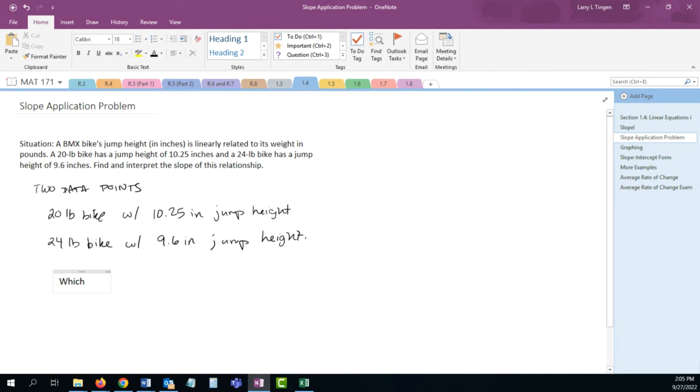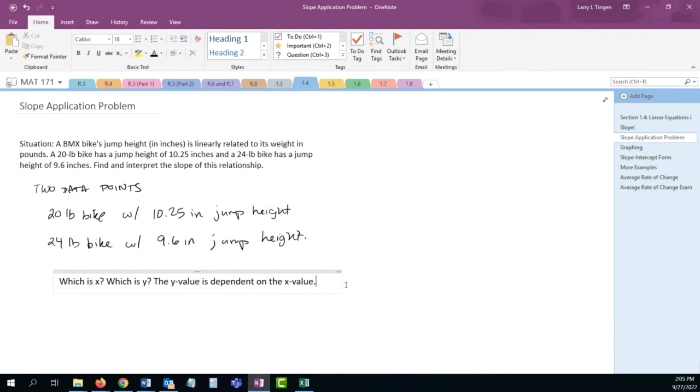The y value is dependent on the x value. So when you find this linear relationship, what you're looking for is one of these numbers is heavily dependent on the other one.